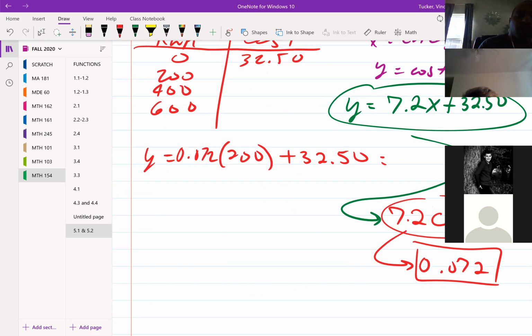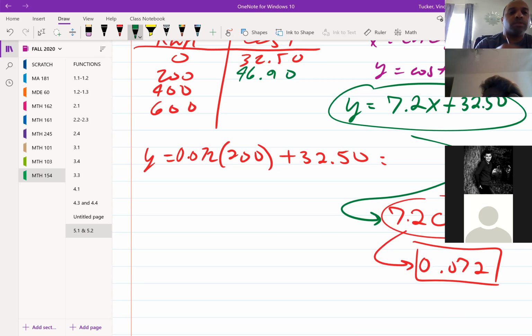I think that'll give me the number that I want. So be careful with those measurements and wording. 0.072 times 200 plus 32.50. Yep, that's the number I need. So that'll be 46.90.